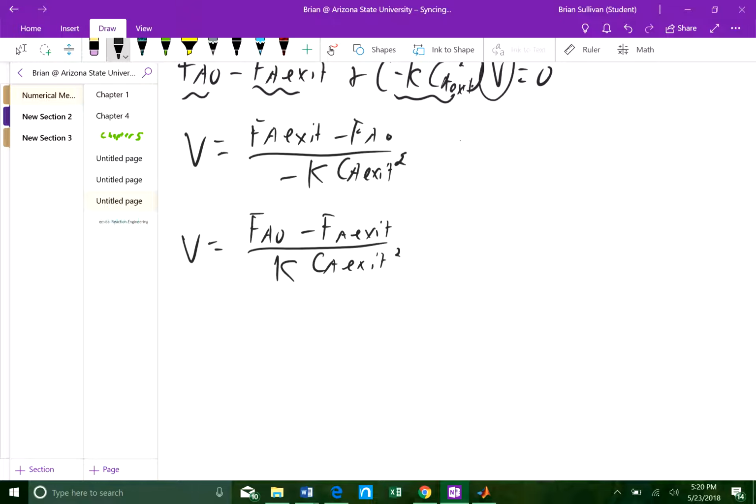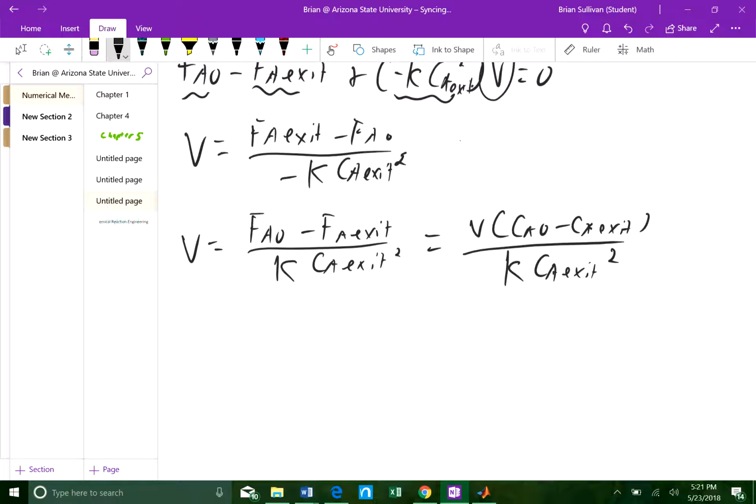Now here's a little trick. The molar flow rate is equal to the volumetric flow rate times the concentration. So I usually use Q from fluid mechanics for my flow rate, but in here they're going to use little v. So here's what you do. Let's take little v, and that's the volumetric flow rate, times CA naught minus CA exit. And now as you see, you can get everything in terms of concentration.